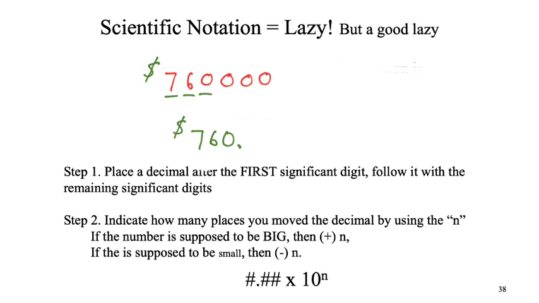Okay. So how can we maintain that value? One suggestion was saying times 10 to the third. If we look at this again, we have an implied decimal point. How far did we shift it? 1, 2, 3. So we would get 760 times 10 to the third.